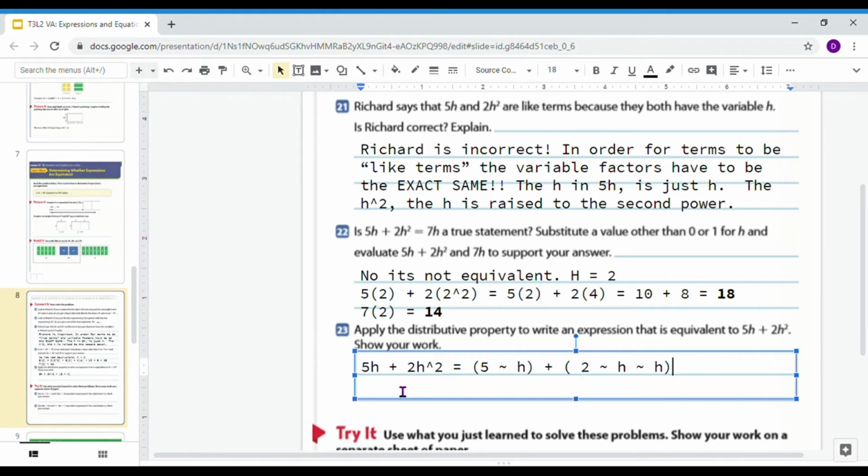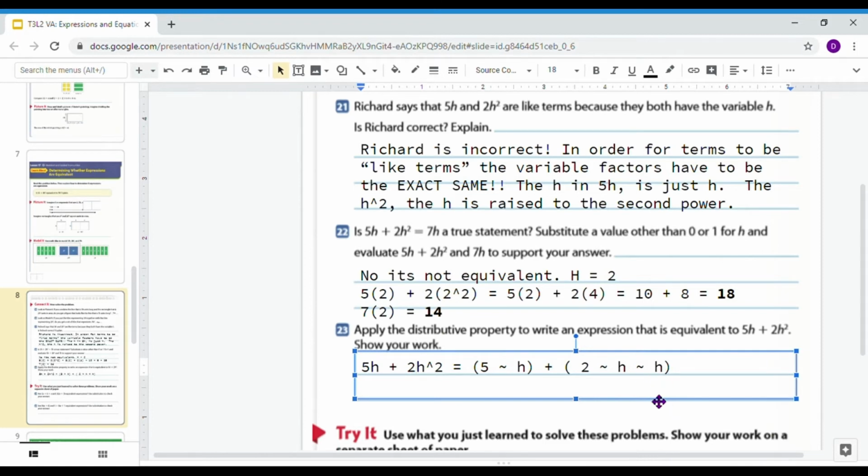And I can rewrite it that way because I know that h squared is actually h times h. And I know that when I have a number right next to a letter, I'm multiplying it. So I rewrote this as 5 times h plus 2 times h times h.